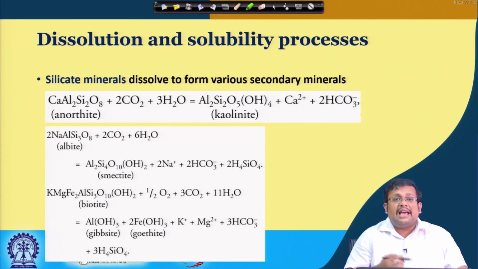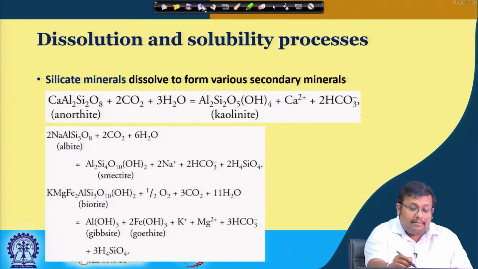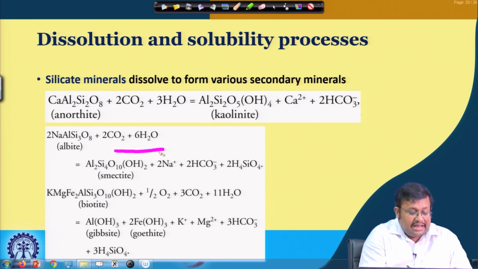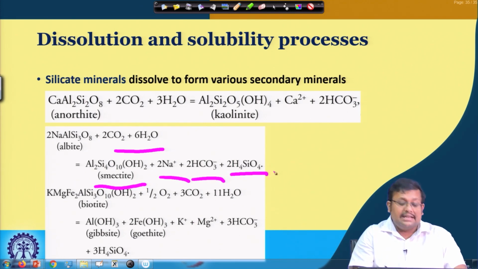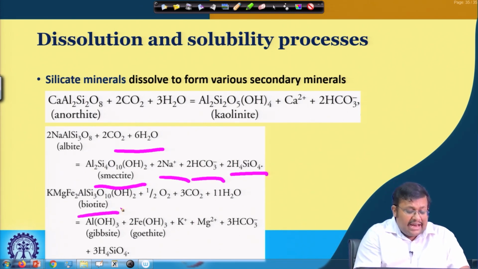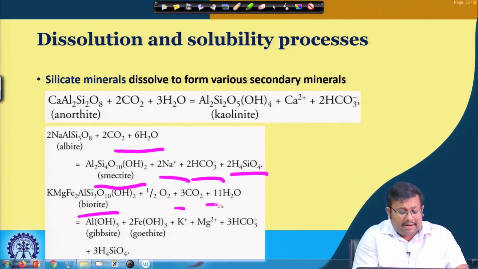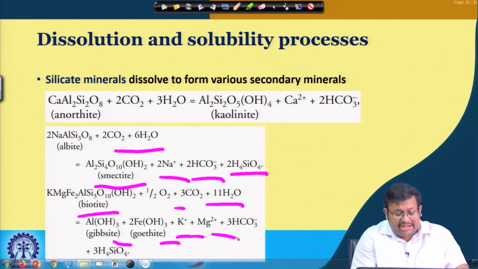Also, you can see here albite, when combining with carbonic acid, forms smectite, and also forms sodium ions, bicarbonate ions and silicic acid. And biotite, when reacting with oxygen and carbonic acid, forms gibbsite, goethite, potassium ions, magnesium ions, bicarbonate ions and silicic acid.